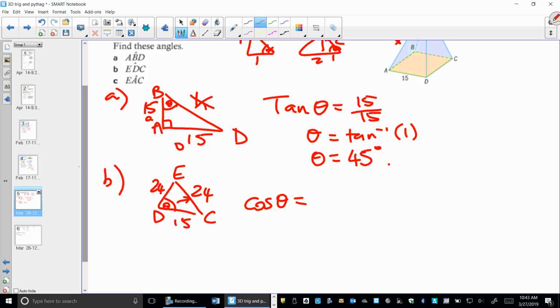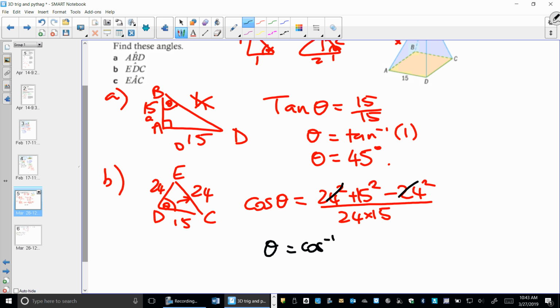So we've got 24 squared plus 15 squared, subtract 24 squared over 2 multiplied by 24 multiplied by 15. So obviously secretly these two 24 squareds cancel each other out. So theta is cos to the minus 1 of 15 squared over 2 times 24 times 15.